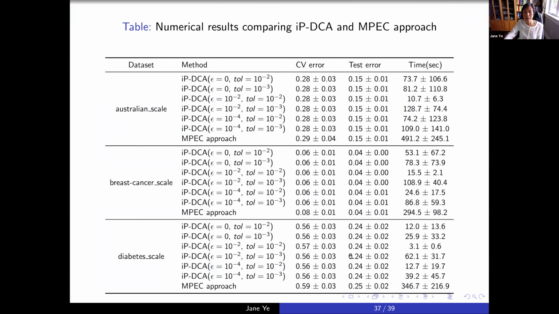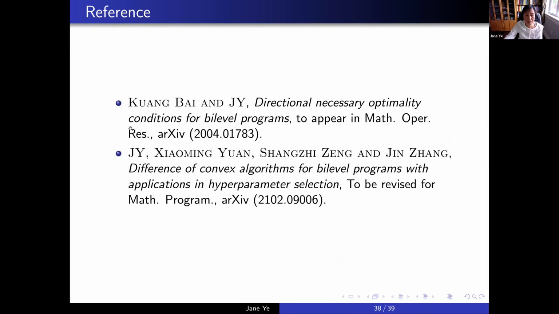And because it's a convex problem, you can also use the MPCC approach. We compared our approach with the MPCC approach, and we find the time is much shorter. Okay, that's the end of my talk, and it's based on these two papers.